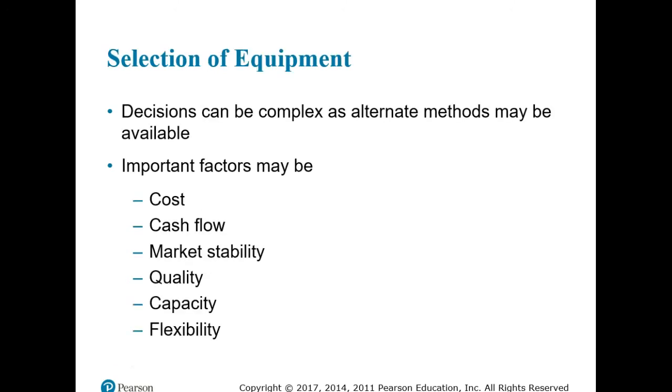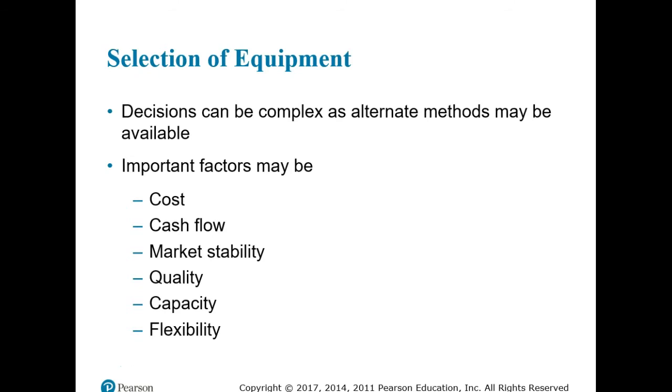Now, it is important to emphasize that the technology decision is not always obvious, and it may involve a large capital expenditure. Ultimately, selection of a particular process-driven strategy requires decisions about equipment and technology. These decisions can be very complex, as alternative methods of production are present in virtually all operations functions.